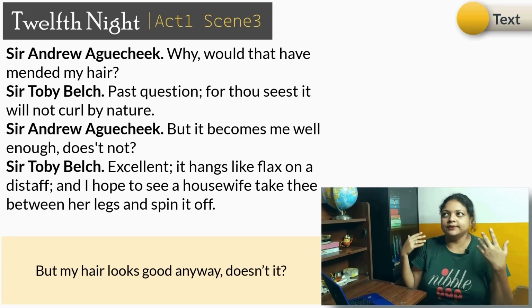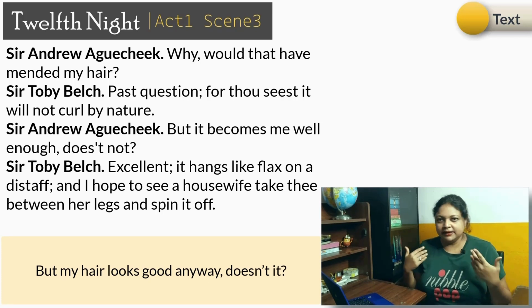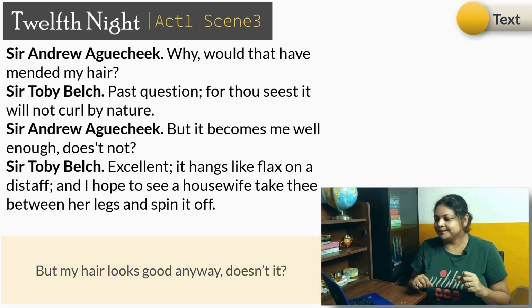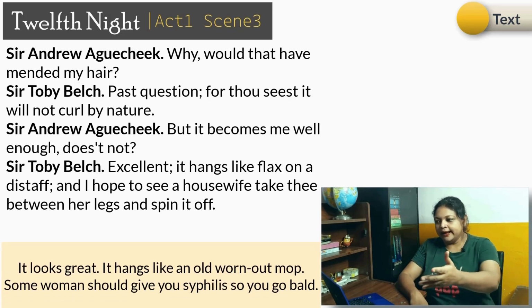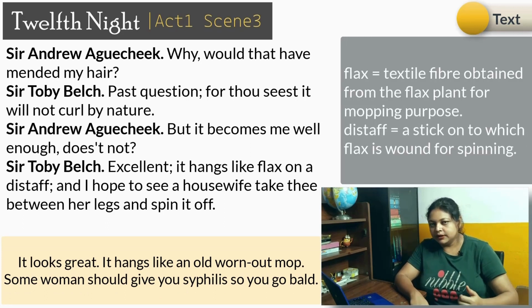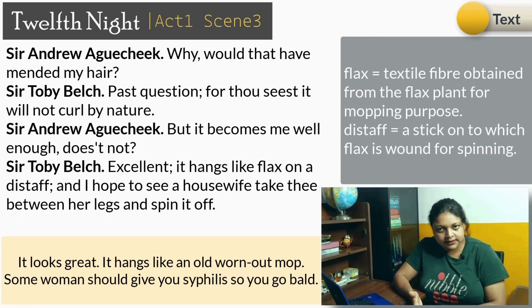So Andrew's hair is very lanky, lifeless, but he feels that it suits him. So he says, "It becomes me well enough." He's trying to get some assurance. "Excellent! It hangs like flax on a distaff." Now Andrew doesn't know the meaning of flax, nor does he know the meaning of distaff.